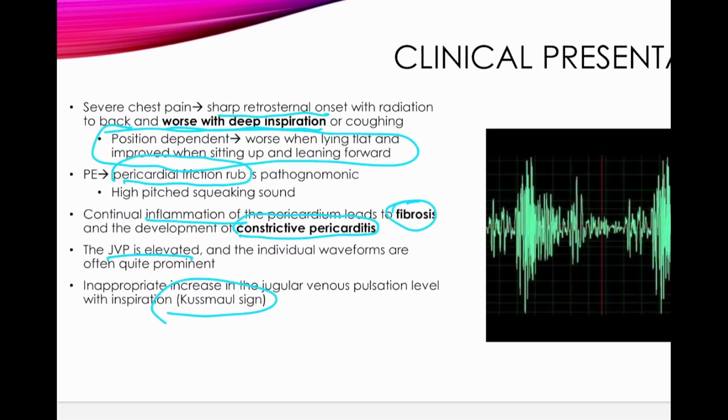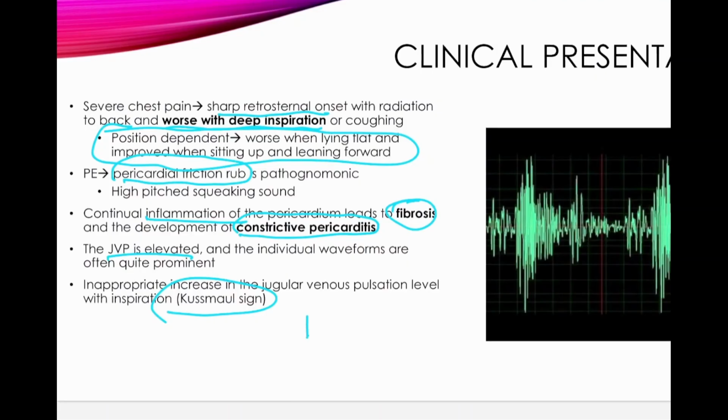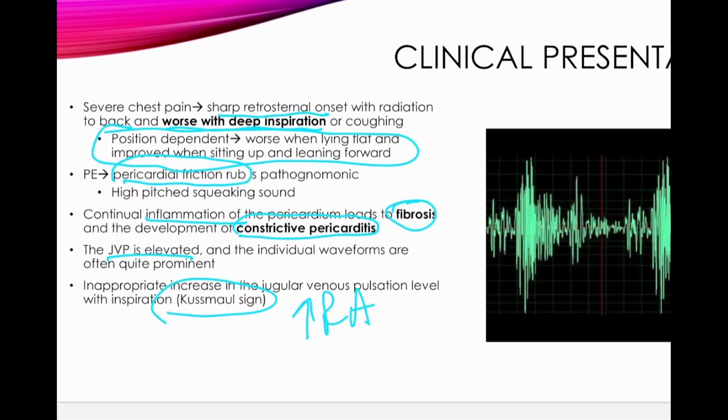With pericarditis, they have what's called Kussmaul sign. Kussmaul sign is an increase in right atrial pressure with inspiration. So it's the opposite. They get an increase in right atrial pressure when they breathe in because the blood is still there and now you're adding more to it. So it goes crazy.